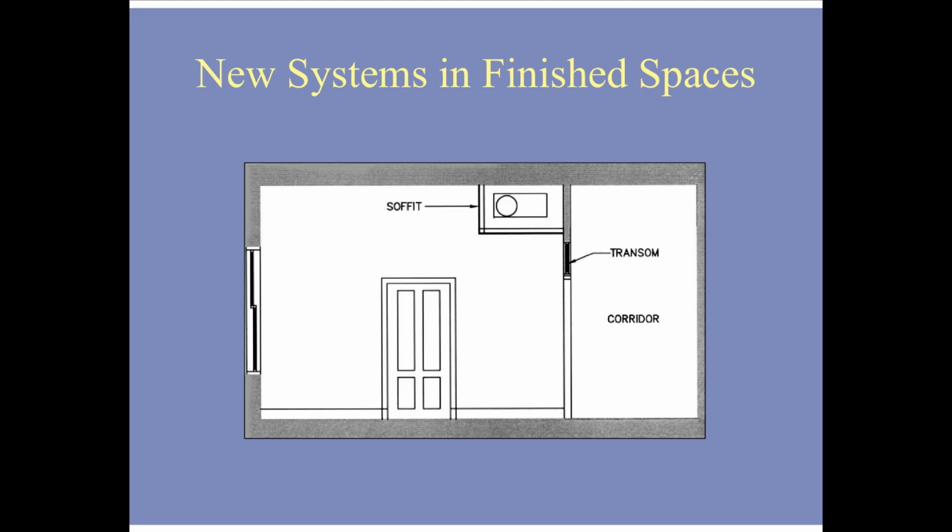It is also preferable to locate these soffits within secondary spaces, such as individual offices or apartment units beyond the primary corridor. This illustration depicts a solution that will preserve the volume and historic features and finishes of a corridor.